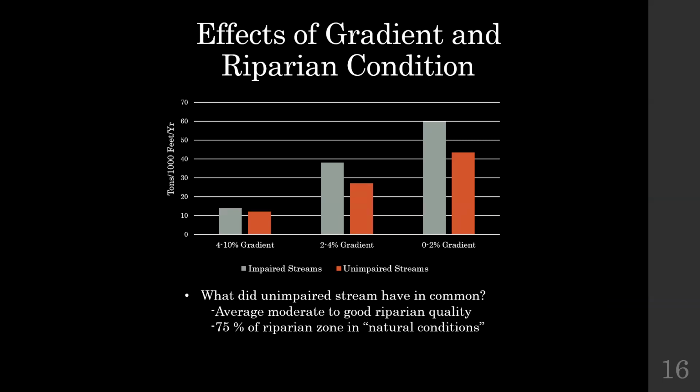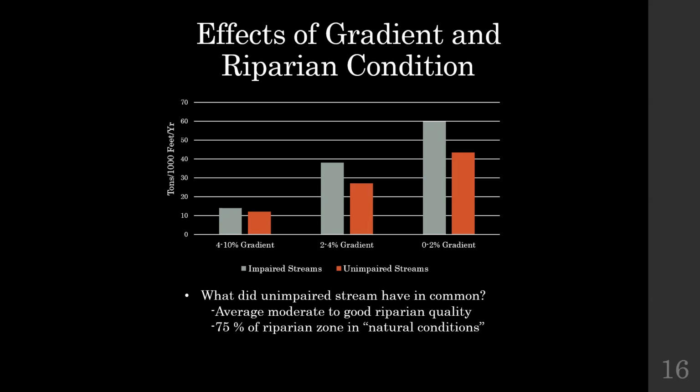The results showed that higher gradient streams had less bank erosion and lower gradient streams had more bank erosion, which has been generally found in other similar studies. Also, these streams that were unimpaired, because we also sampled unimpaired streams, had lower bank erosion, which wasn't surprising, but these also had more of the riparian zone intact.